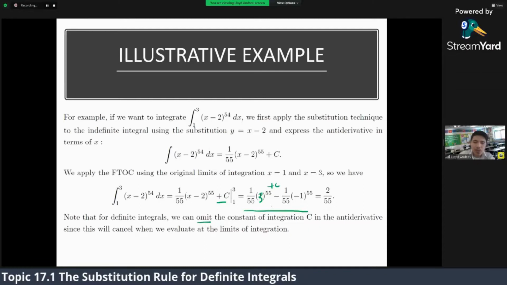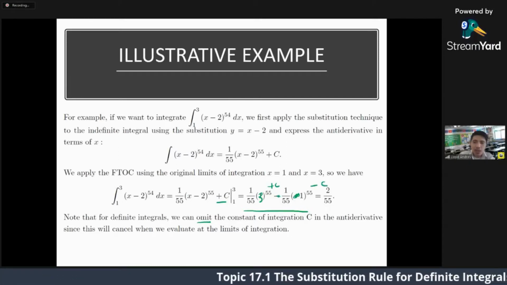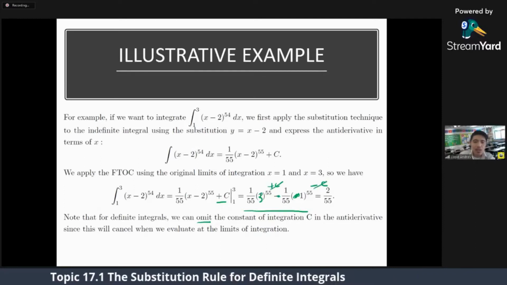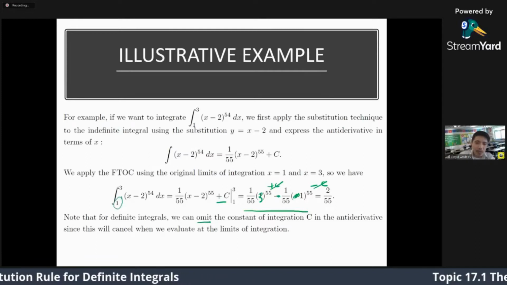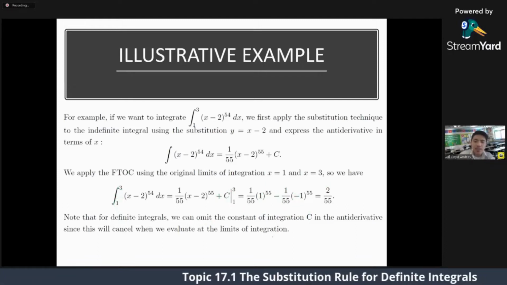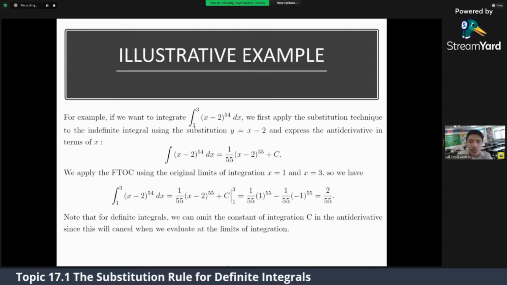Tapos, pag substitute na to kay 1, minus C na siya. So, ang plus C o minus C, makacancel out ra. So, ang shortcut na, basta solve og definite integral, no need na apilon si C. Kaya makacancel out naman na diretso. So, yun. That's the first method.